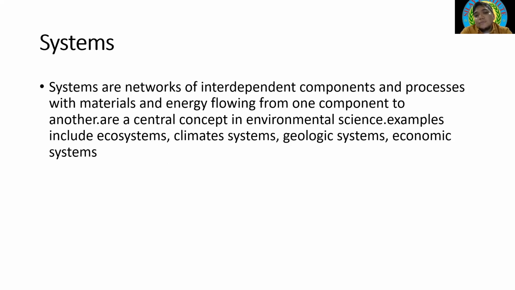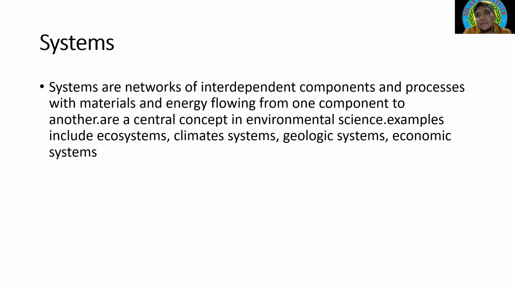Now we will go to systems already, and we already discussed what sciences are, the parts of sciences and the functions of sciences in systems thinking. If we have to define again the system, if you remember last time, we defined a system as a network of interdependent components and processes with materials and energy flowing from one component to another.